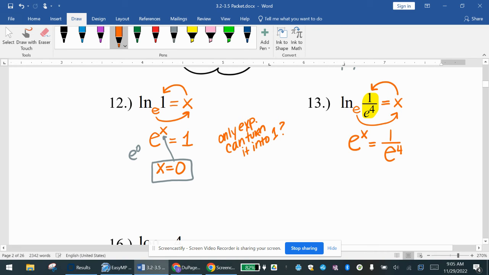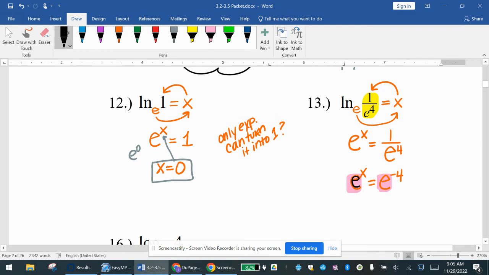Now remember, they're related. So this looks like the types of problems we did yesterday. I can rewrite 1 over e to the fourth as e to the, what exponent drops the value down on a fraction, right? So hopefully you remember that it's a negative exponent. And then if the bases are the same, the exponents are the same, right?